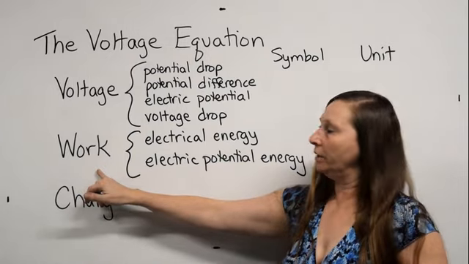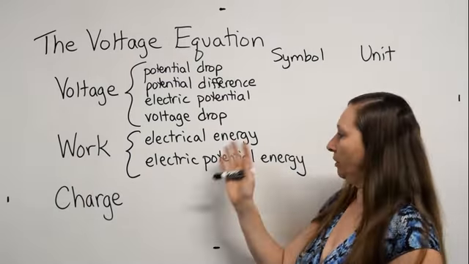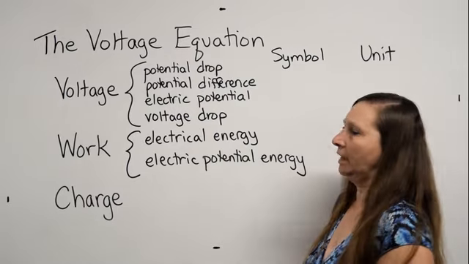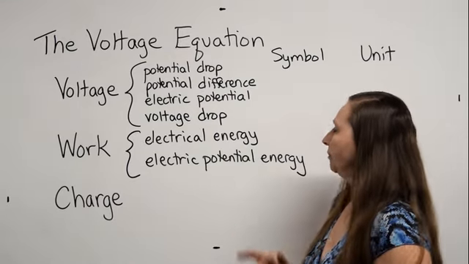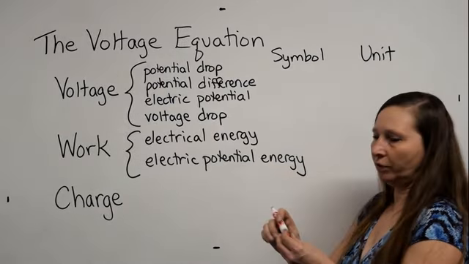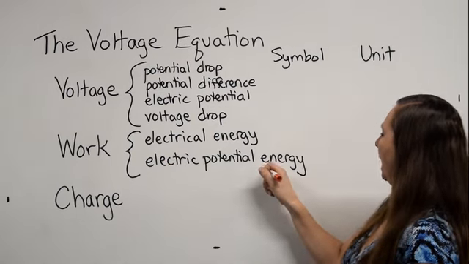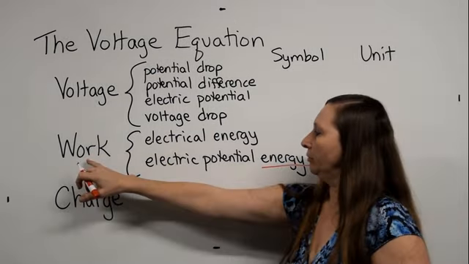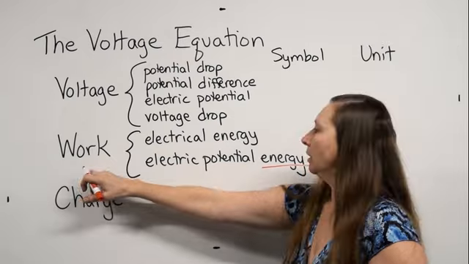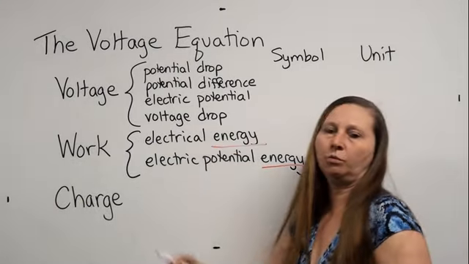Synonyms for work would be electrical energy, electric potential energy, electric energy, or electrical potential energy. Electric or electrical doesn't matter. But what is very important here is that if you see the words electric potential, that refers to voltage. If they put electric potential energy, that refers to work. Electrical energy, again, refers to work.